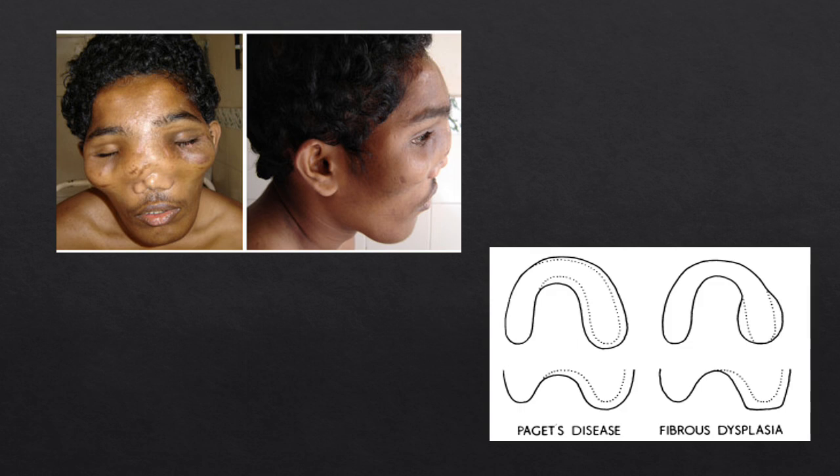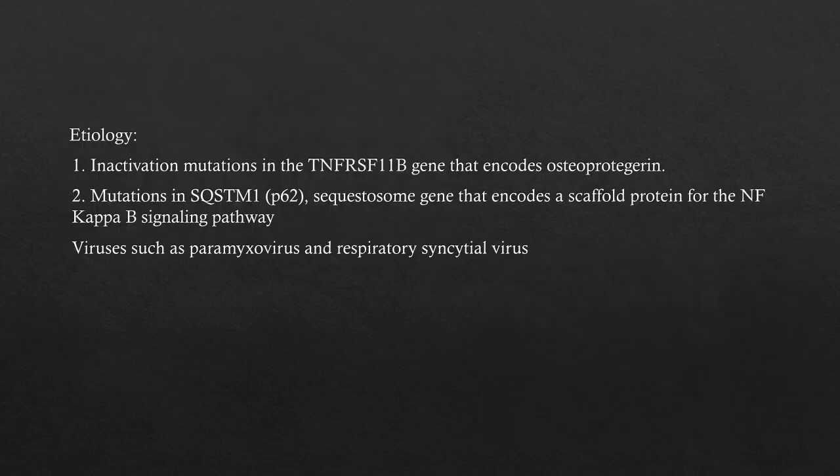There is another disease called fibrous dysplasia, wherein the maxilla again is affected, and it is another fibro-osseous lesion. But in Paget's disease, the expansion of the ridge is very uniform. But in fibrous dysplasia, there is a specific bulge that is seen in the expansion of bone, whereas Paget's disease grows along the ridge itself.